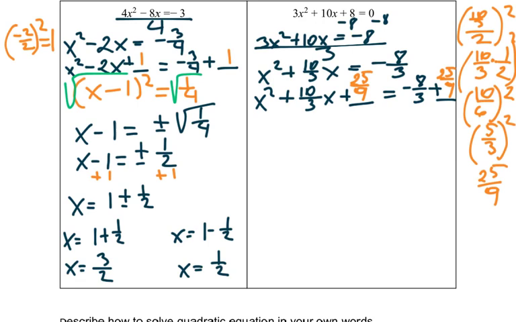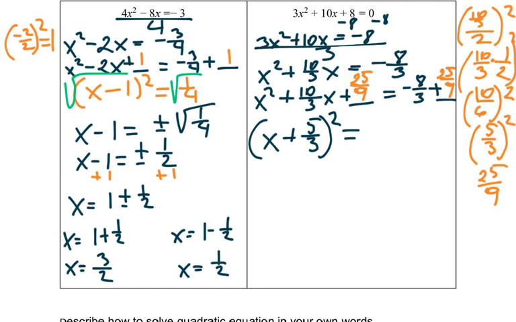And when I factor the left side, I get x plus 5 over 3 squared is equal to, and then I need to add fractions, so let's review that as well.